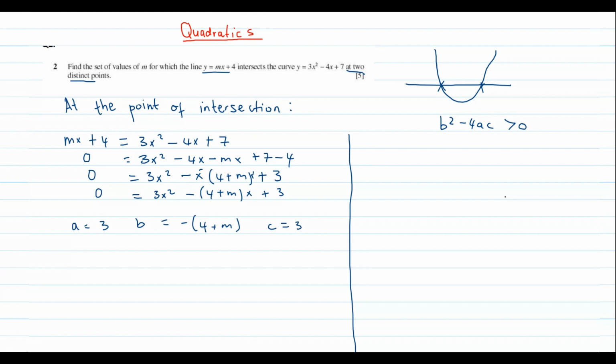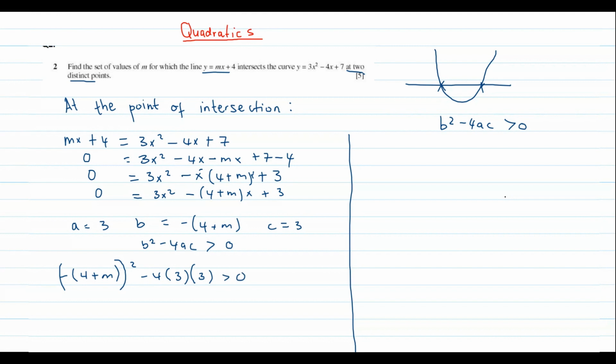So now we can use our discriminant, which says b squared minus 4ac, and this should be greater than 0. Our b is negative (4 plus m), and we need to square this, minus 4 times our a which is 3, times our c which is also 3, greater than 0.